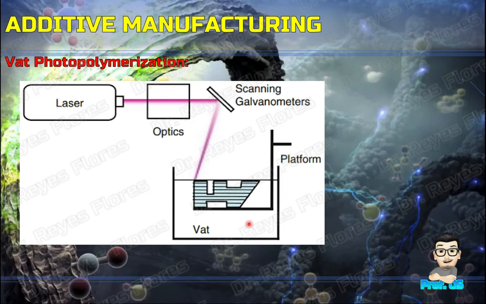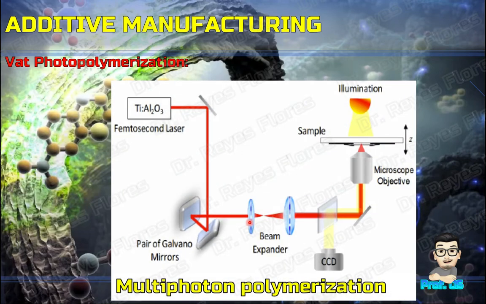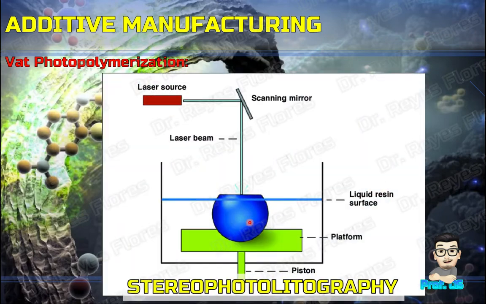Many of the lithography-based AM approaches can be grouped in this category. For example, multiphoton polymerization, digital light processing, and stereolithography are examples of vat photopolymerization.